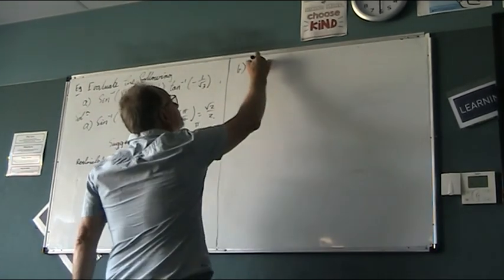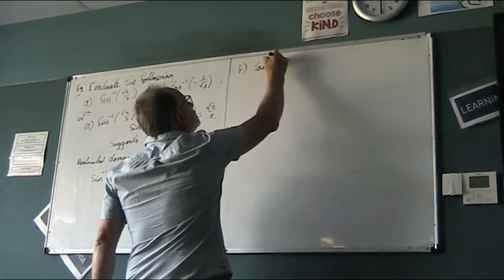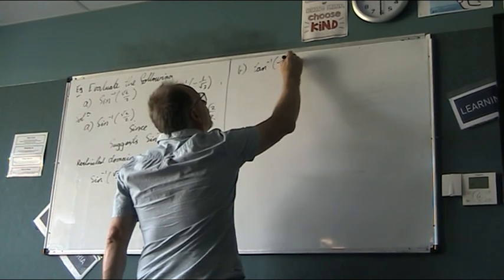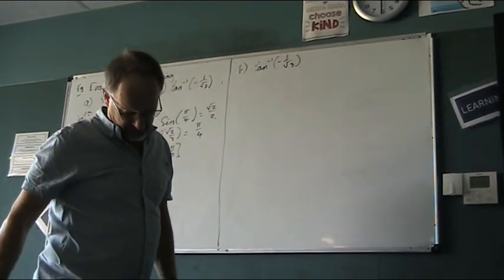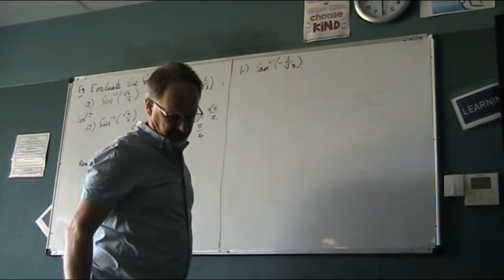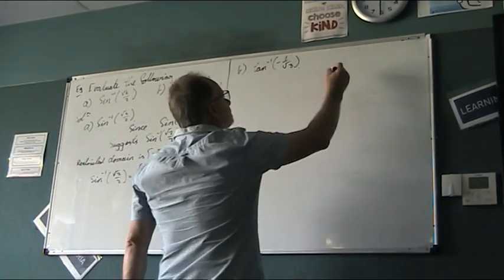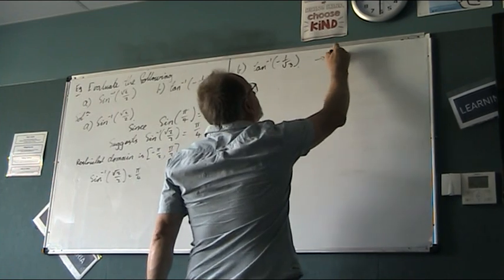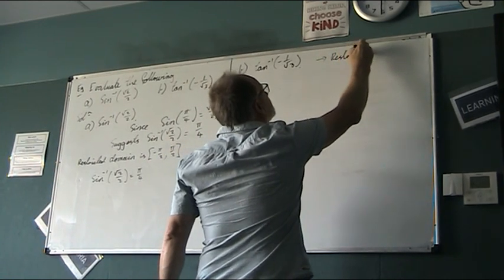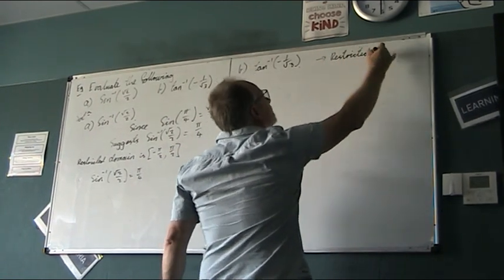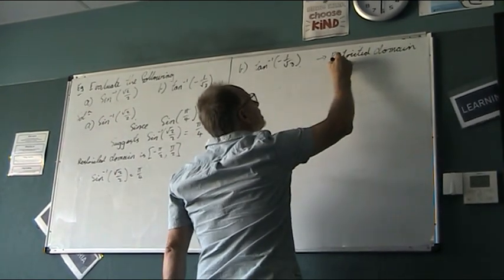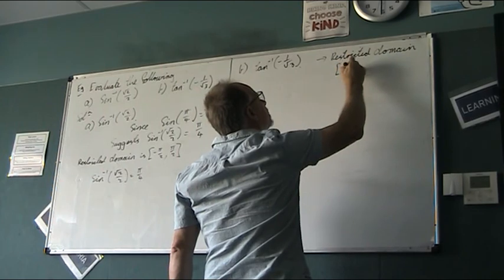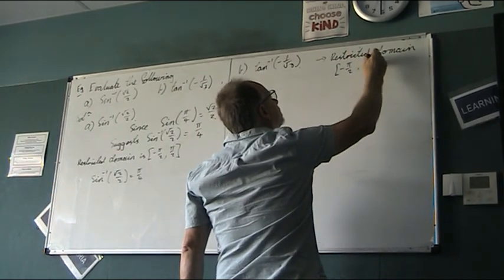So tan minus 1 of negative 1 on root 3. And so our restricted domain is this. For tan, our restricted domain is negative pi on 2 to pi on 2.